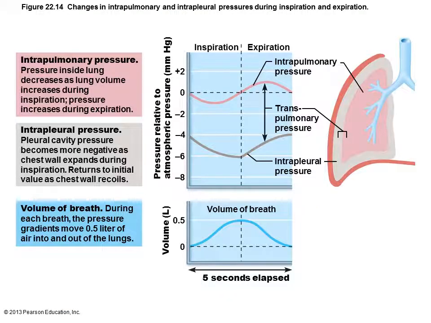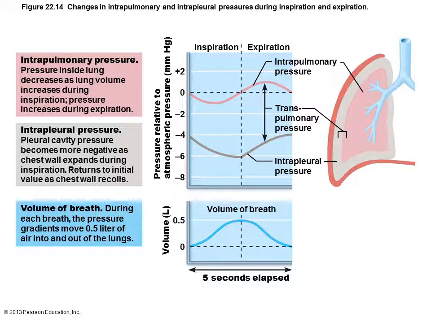This slide shows, in the first line up here in pink, the intrapulmonary pressure change during inspiration and expiration. As you see, pressure inside the lung decreases as lung volume increases during inspiration, and pressure increases during expiration. The purple line in the middle shows intrapleural pressure change.